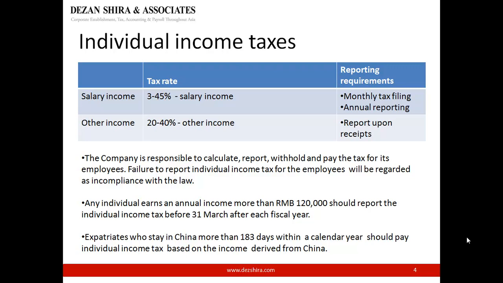For expatriates staying in China, there's a similar regulation to India. If you stay more than 183 days in China, then you would have to pay individual income tax based on the income derived from China.